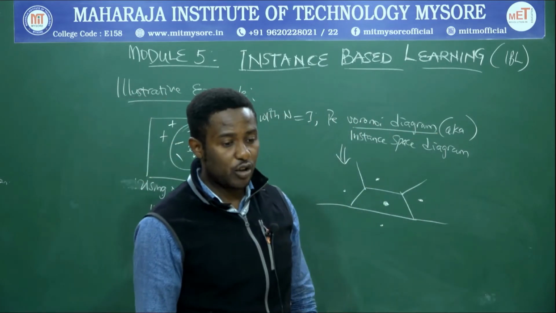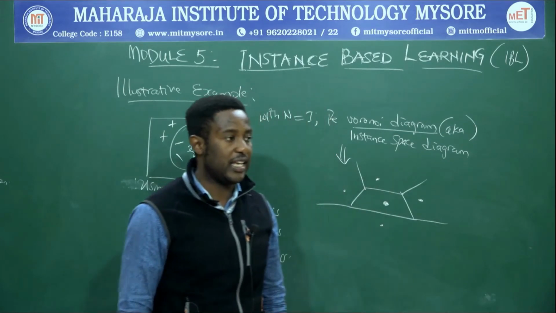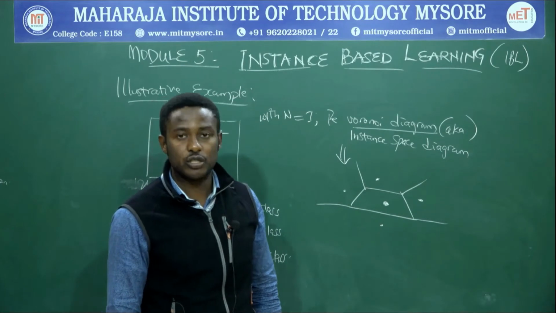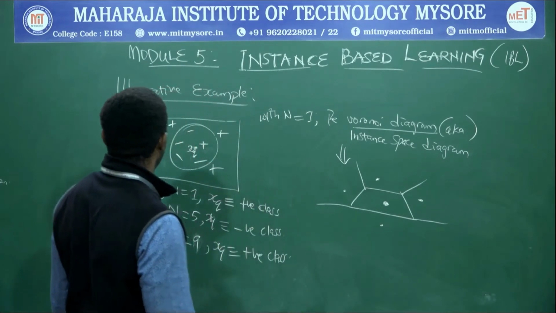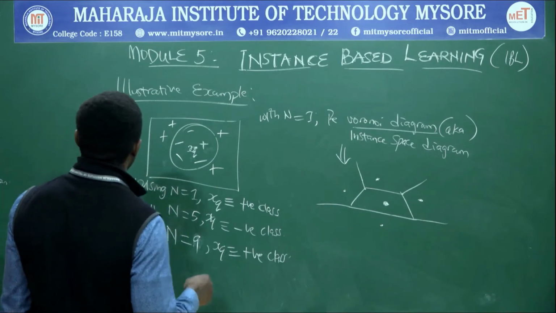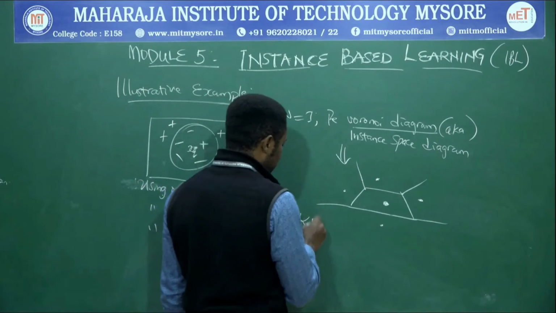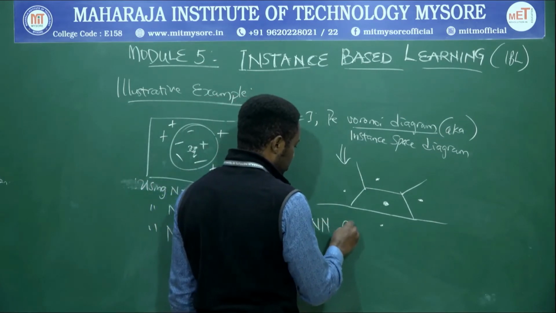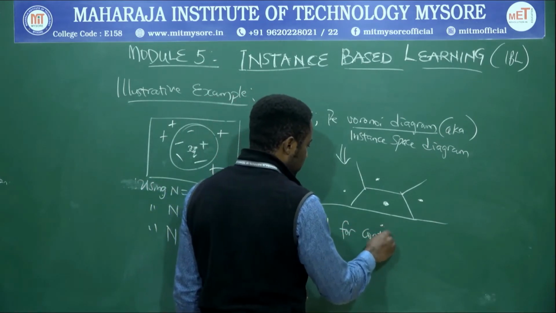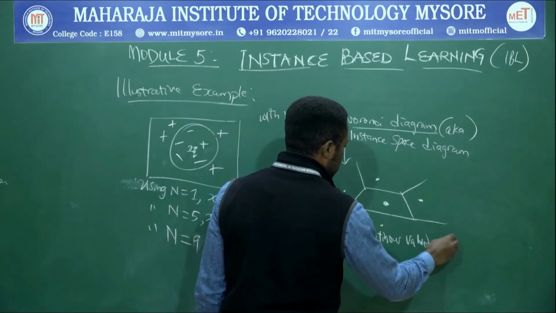And with this, we will look into KNN for continuous valued function. We saw KNN for discrete valued function, right? The next one is KNN for continuous valued function.